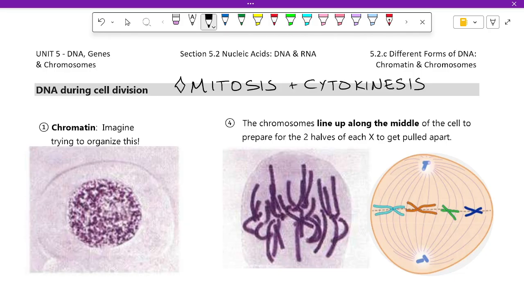If you are interested, I know some of you did this in grade 6 or something like that, I will tell you the different stages of mitosis, but we're not going to get too excited about it. If you're like, I don't want to know the names of it, I just kind of want to know what it looks like, that's fine. So here we have chromatin. You can't even see it.